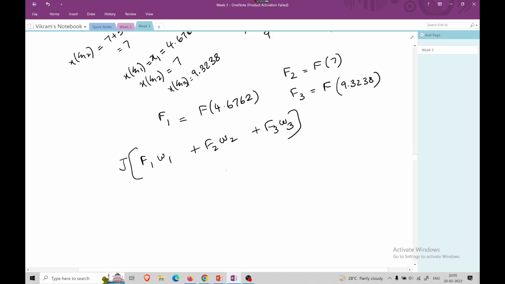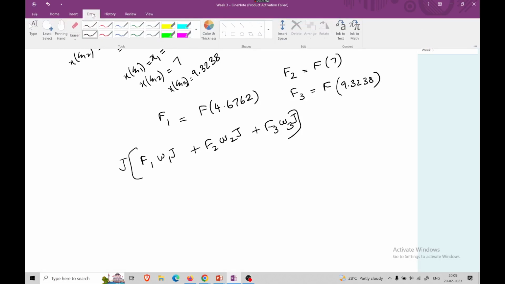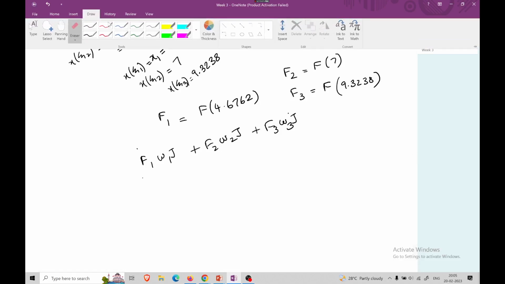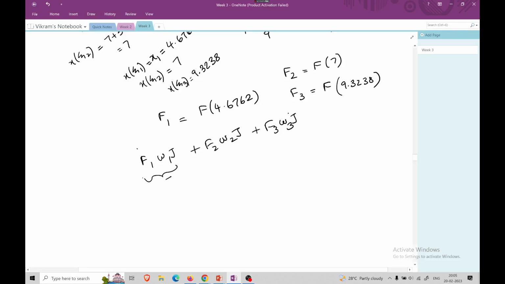Let us say I'm including J everywhere instead of taking it common, and this will be I1, I2, I3. I1, if I calculate, I will get 3843.7.